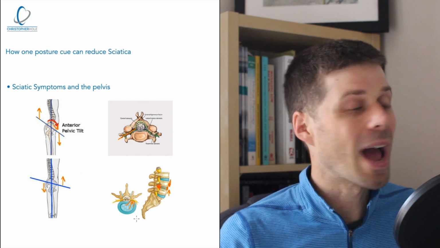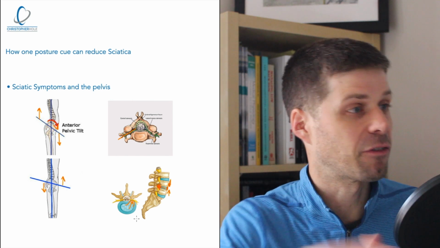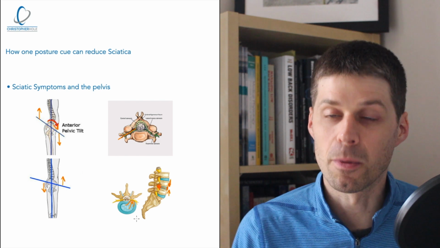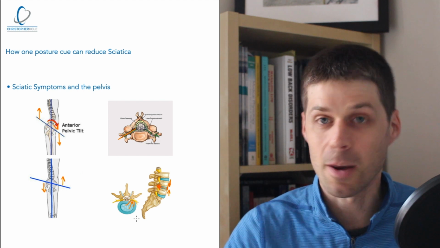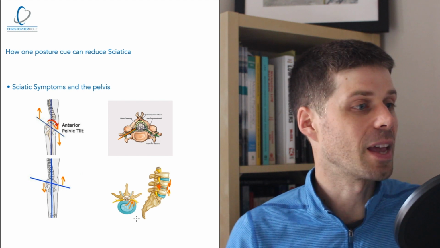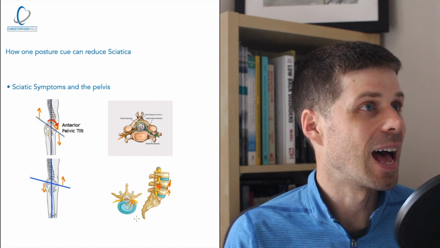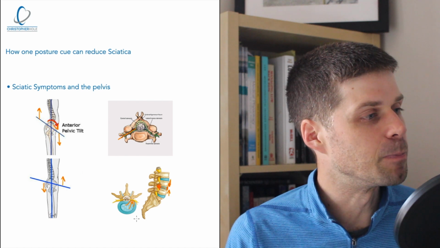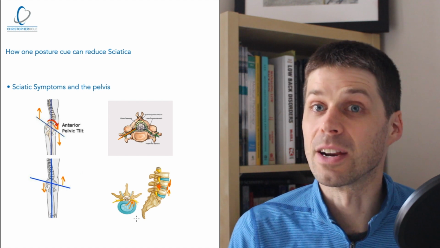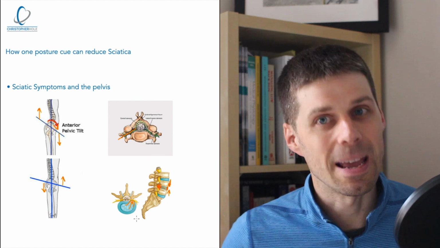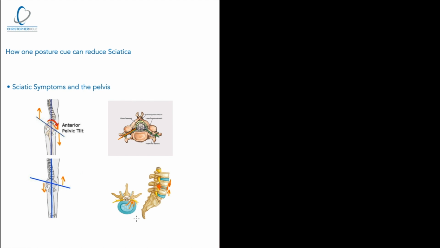So where it could work is if there is irritation to the nerve from the foramen being closed and you can open it back up and it relieves it, or if there is a disc bulge, you reposition the pelvis, and that can also manage the irritation to the nerve. But as I mentioned, it may not work because these are only two of many different things that it could be.